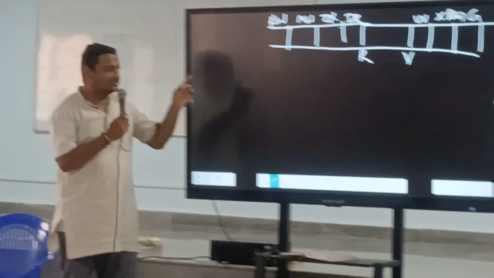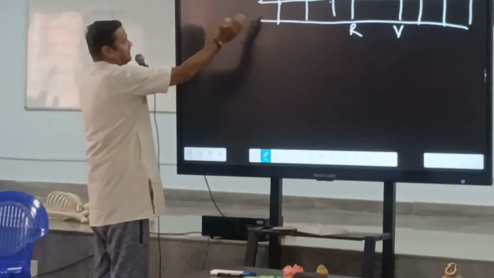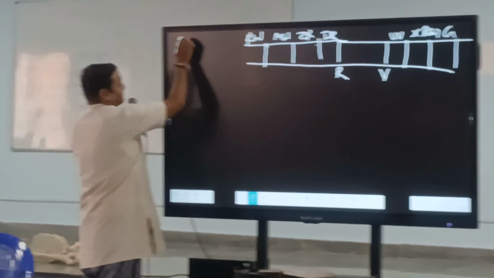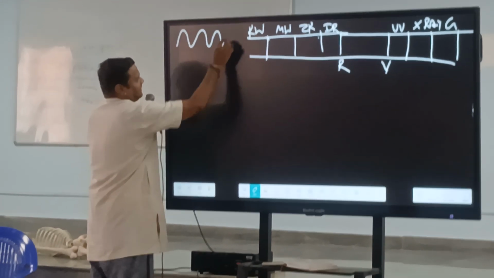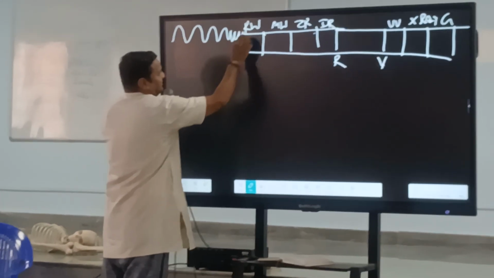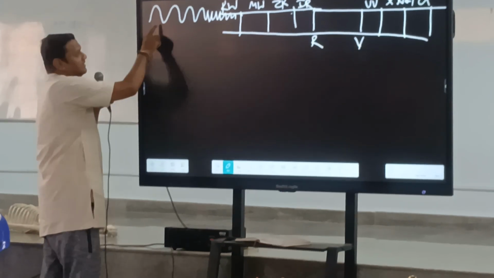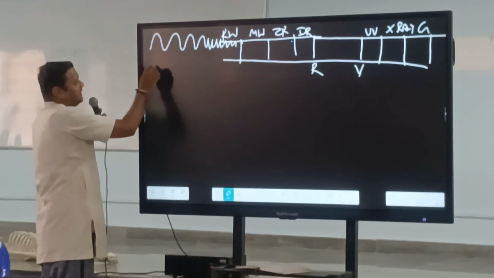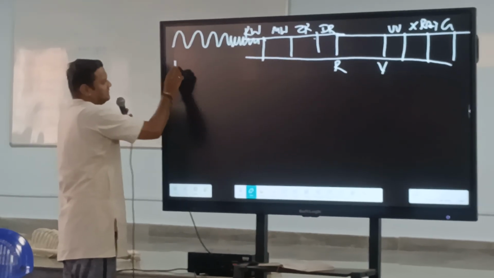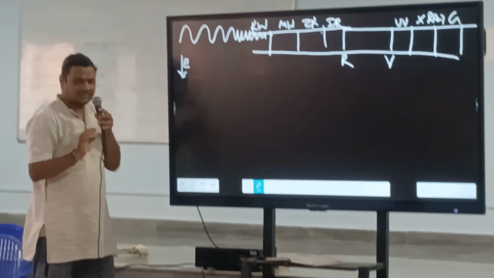Yesterday we mentioned that here the wavelength is more, and as the electromagnetic spectrum goes, the wavelength reduces. So where the wavelength is more, energy is less.